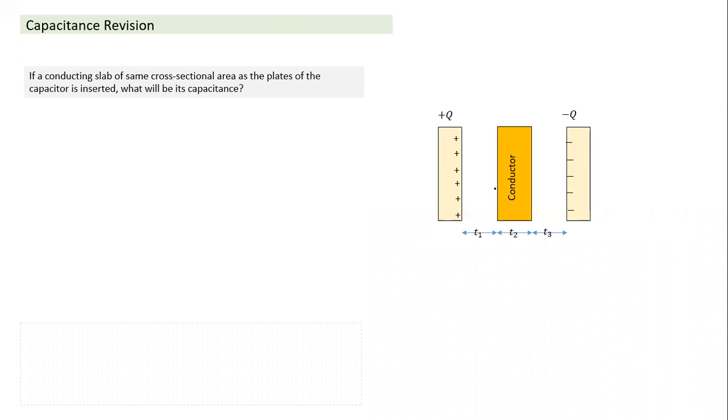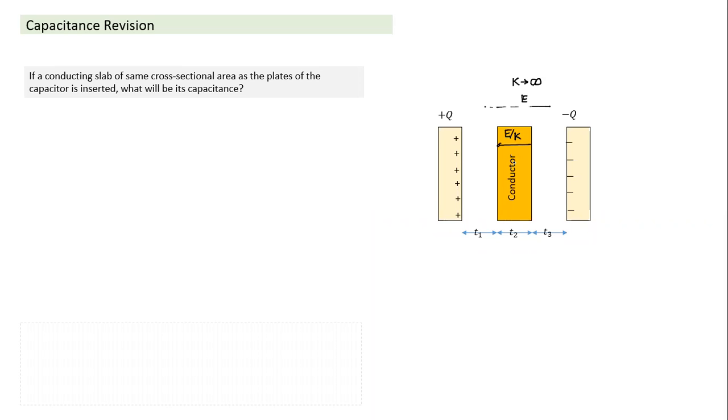And even a conductor also. What is the value of K for a conductor? For a conductor, K is equal to infinity. So what does it mean? K is equal to infinity means the field inside is zero. If the conductor was not placed here, the field would have been E here. But in this case, inside the conductor, the field is E by K. So what has to be the case so that the field becomes 0? K has to be infinity. And how do we get the value of K?